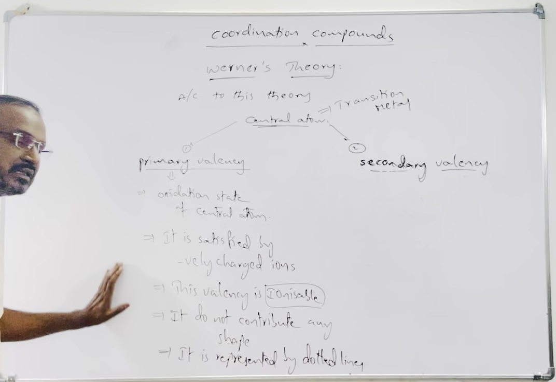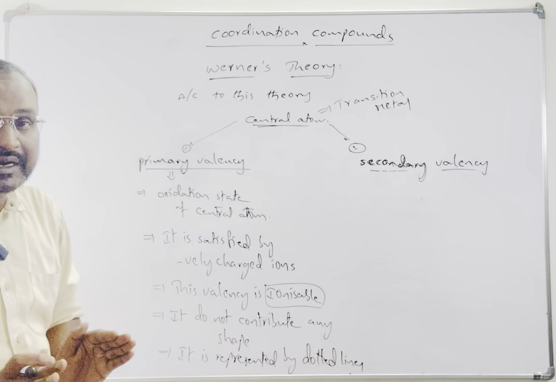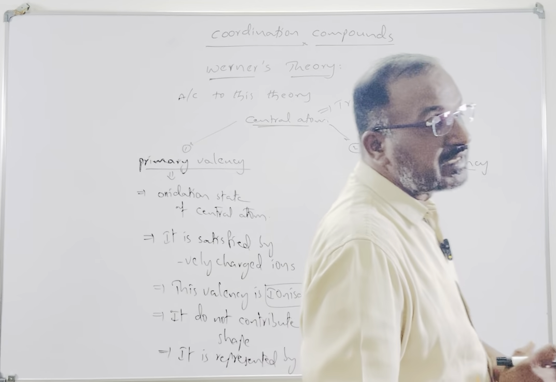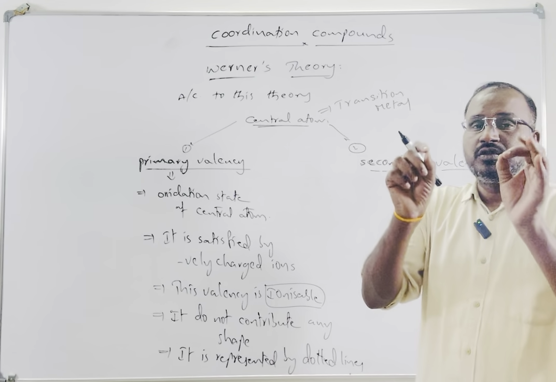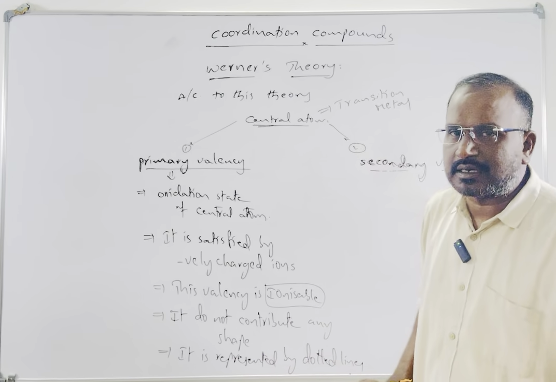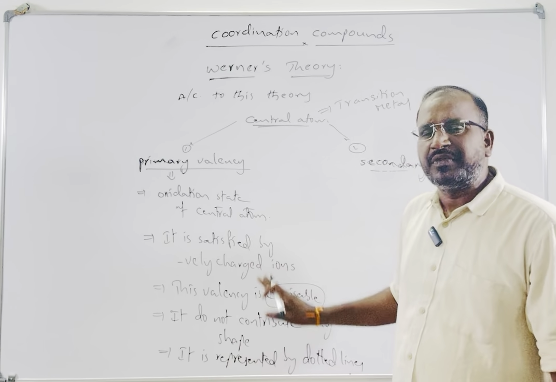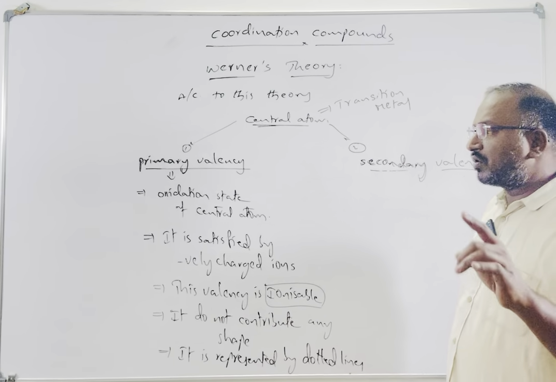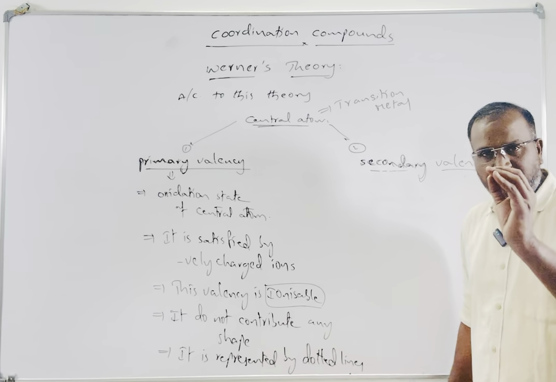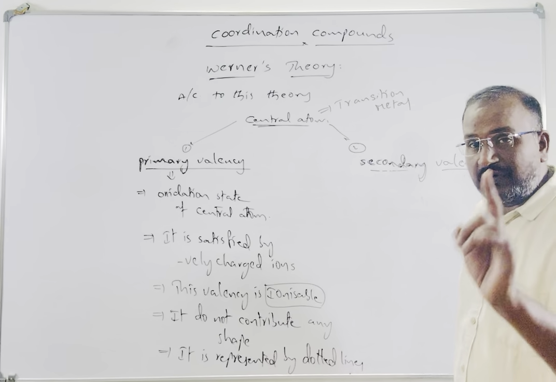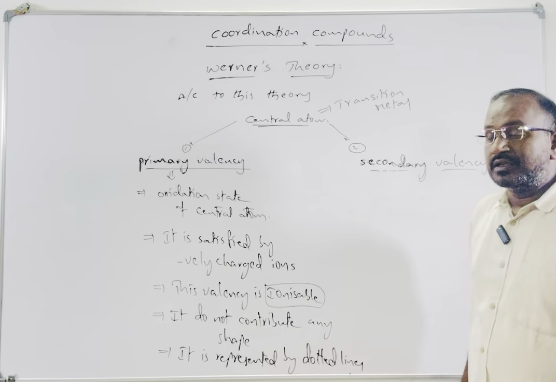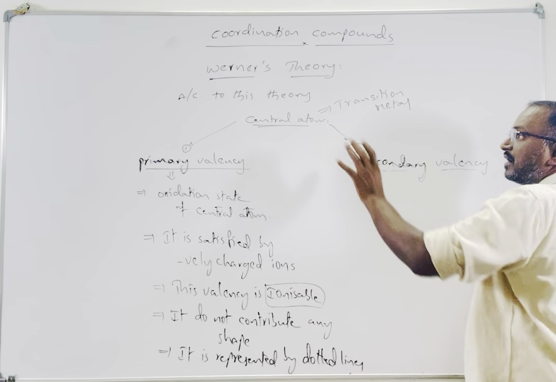So these are the core points about primary valency. Without knowing this, you cannot answer questions on Werner's theory. Damn sure, in coordination compounds the first and foremost important question will come from Werner's theory. So this is primary valency of Werner's theory.